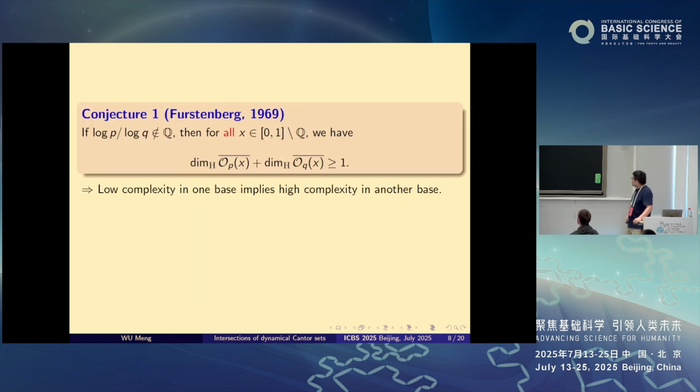He conjectured that if p and q are independent, then for every irrational number x, the complexity of x in base p and the complexity of x in base q, the sum should be at least 1. This is quite a deep conjecture, and it's still widely open.